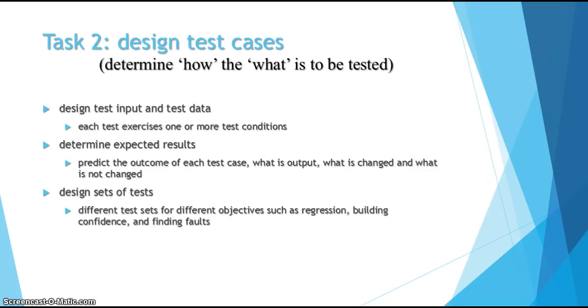When you design test cases, a single test case may have one or more test conditions, and you have to predict what the outcome of putting that test condition in your application is going to be. So you have to have an expected result, the precondition for that step, and also the actual step.